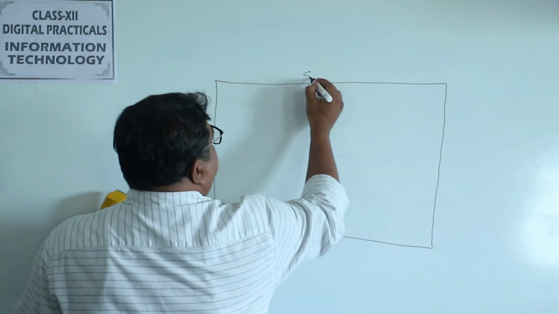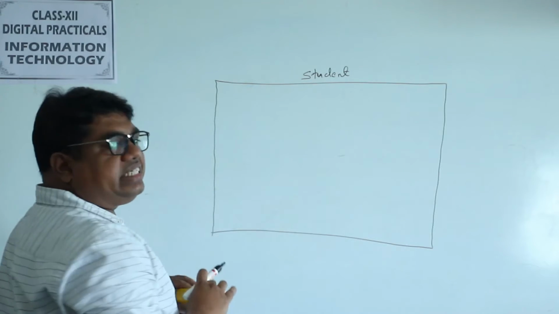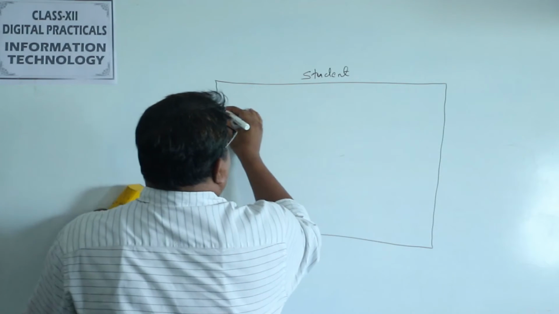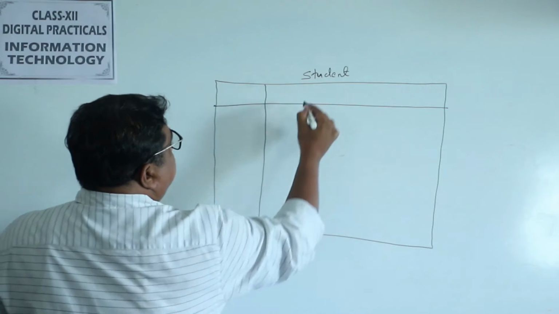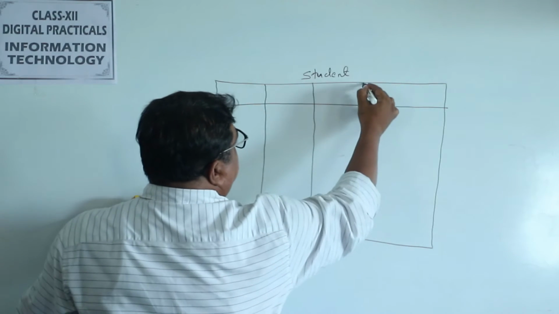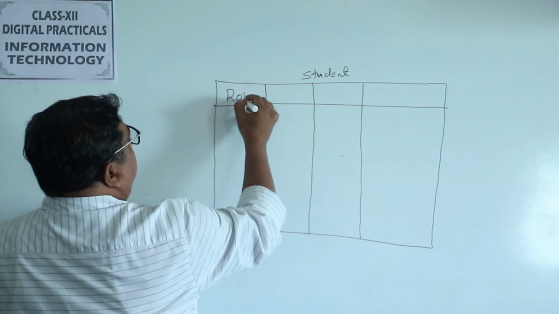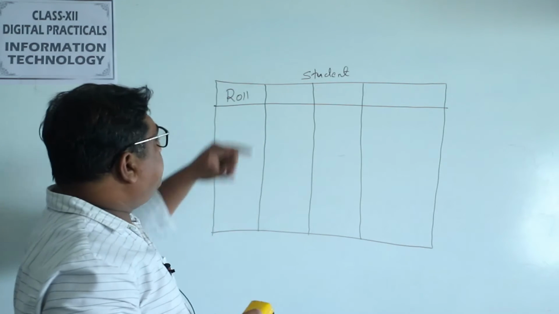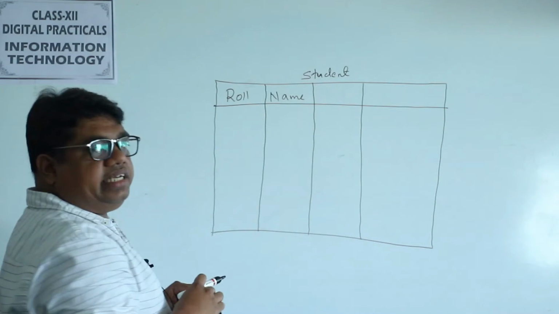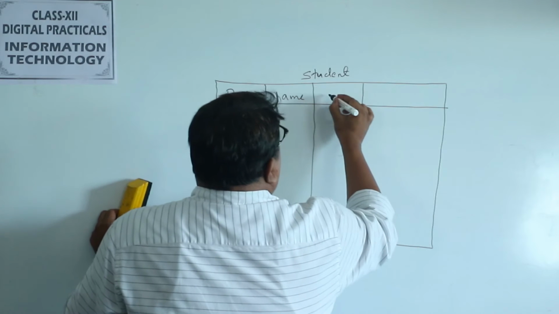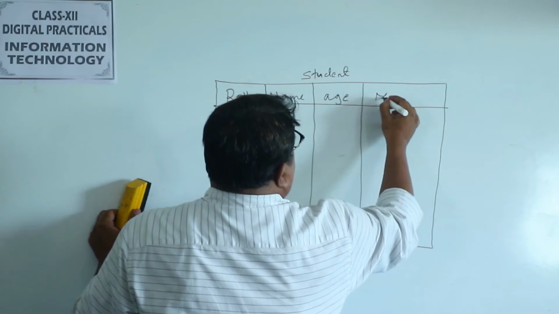Suppose I will give a name to this table, this rectangular structure, which consists of rows and columns, and it has a column heading. Suppose this is a column, this is another column, this is another column. Suppose I will write roll as the column heading and name of the student as another column heading, and suppose age and suppose address or marks.